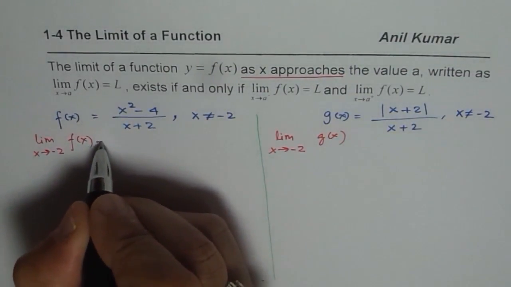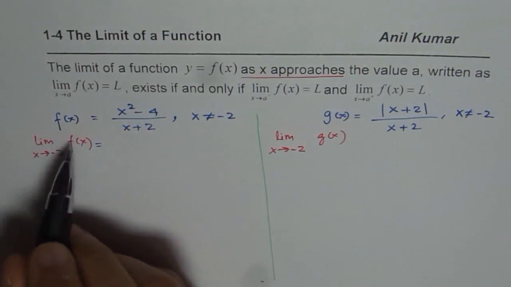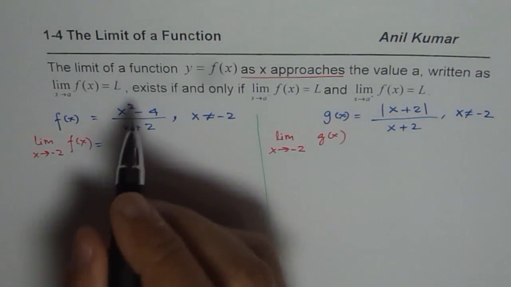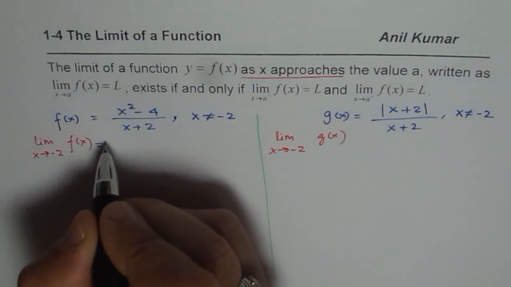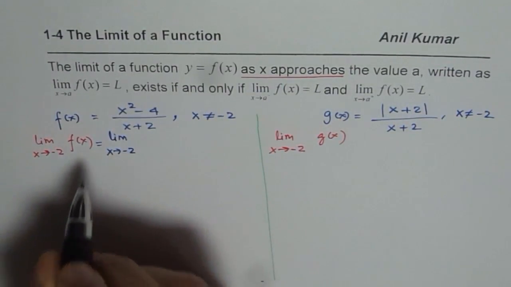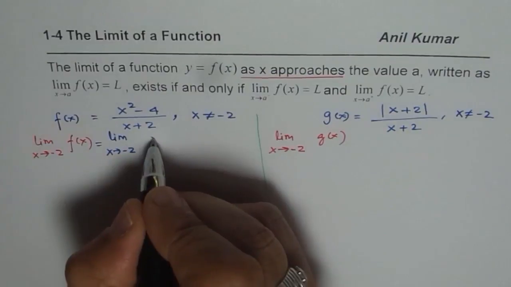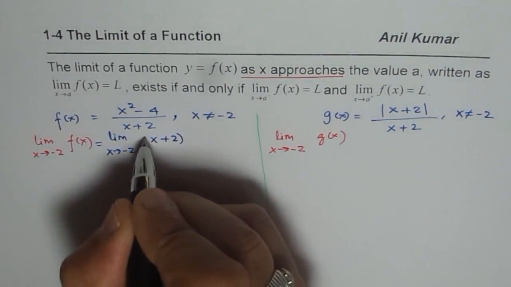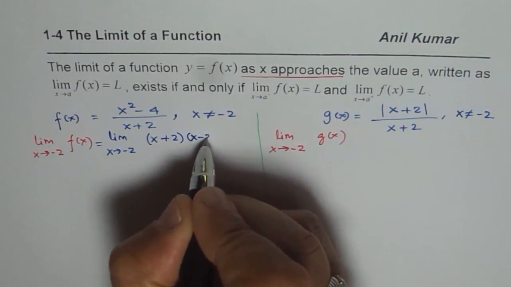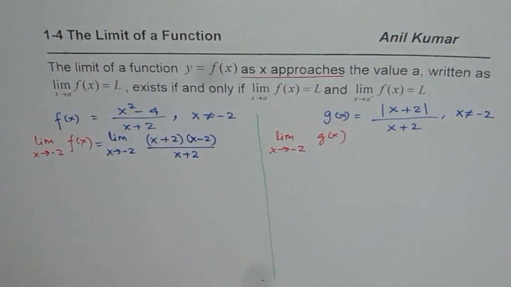So, okay, let us further factor this particular statement since I wrote this here. Let me write like this. So we will explore this and we'll say limit as x approaches minus 2, and instead of f of x, let me write the function itself in factored form. Okay, that works. So it is x plus 2 times x minus 2 divided by x plus 2, right?